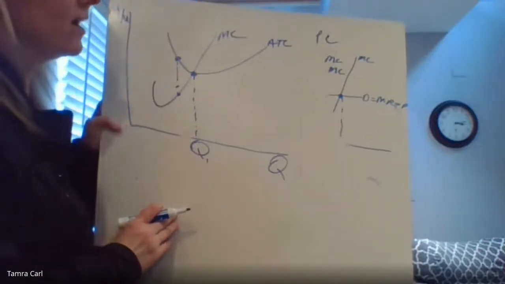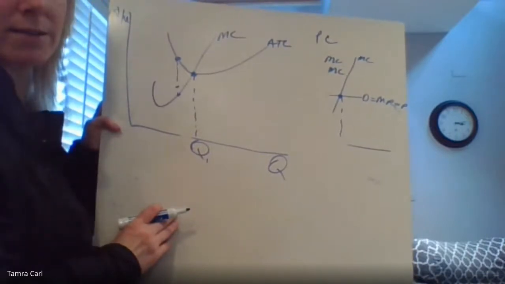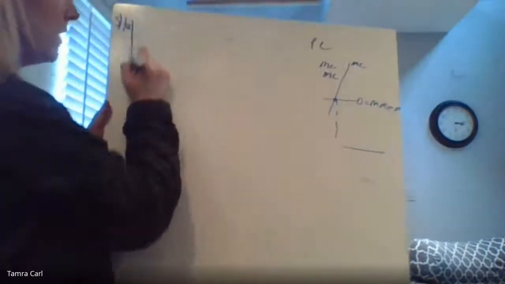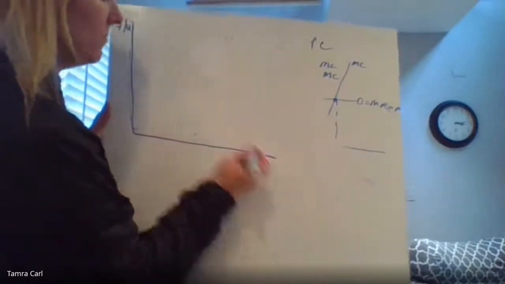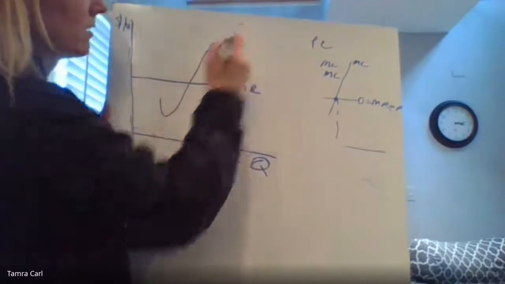That would be like, too, if I had to segment about why MR equals MC is the profit maximizing output. You know, segment the market. This will be the last thing, okay? So where MR equals MC is our profit maximizing output. Why?